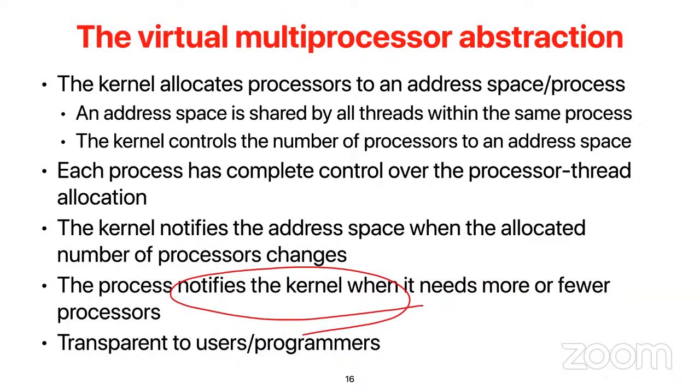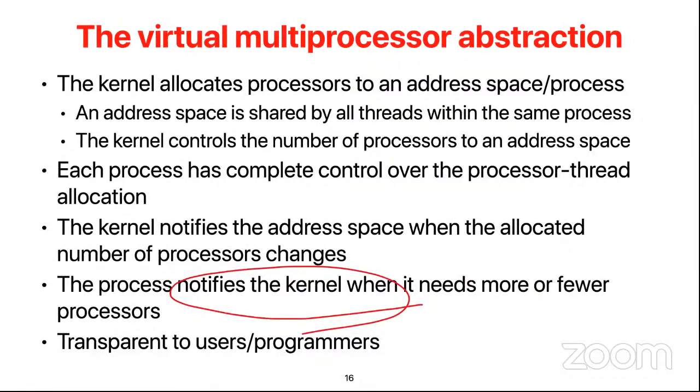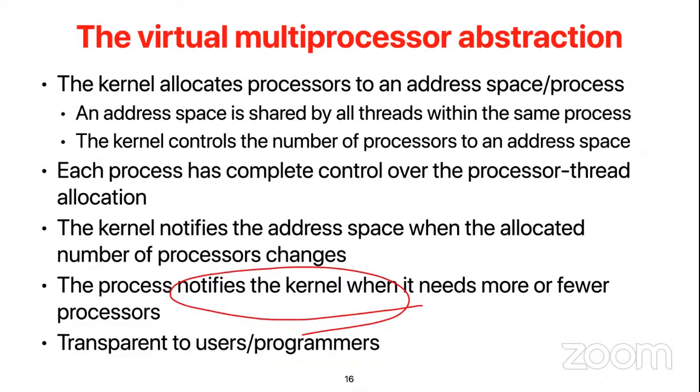Instead of creating a new abstraction, we give you multiple processors in the very beginning, and we don't create a new abstraction called thread in the system. But through the multiple processors given to each process, we can still control the parallelism inside each process and control the hardware resources used by each process.